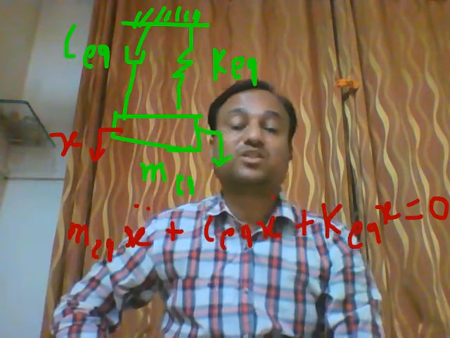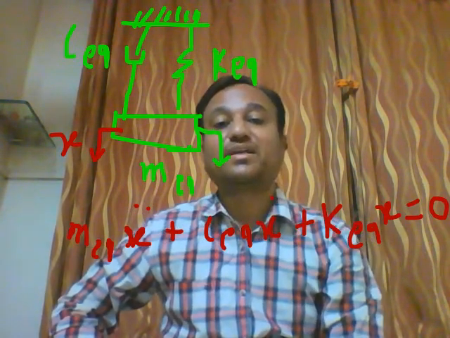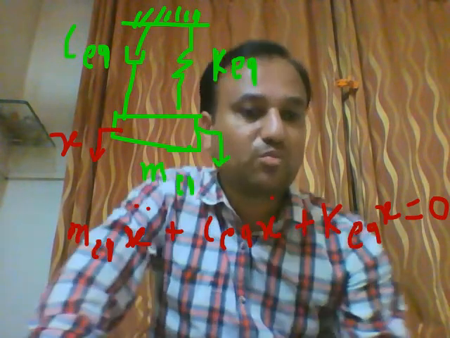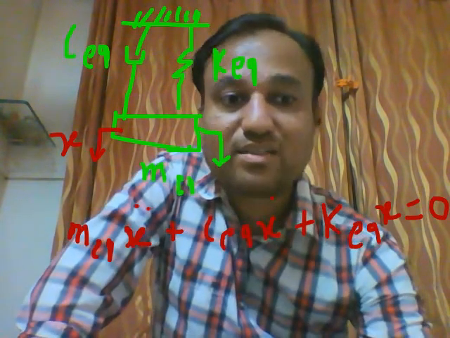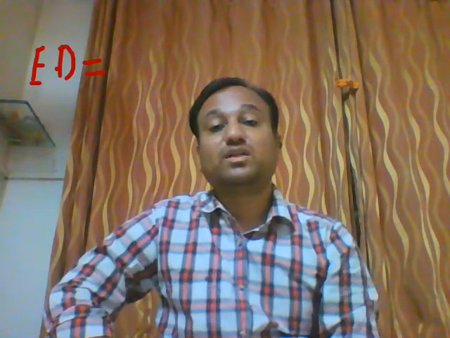In a damped vibration, along with kinetic energy and potential energy, one more term you must consider, that is the energy dissipation. When there is a restriction to the motion, energy is dissipated in a system.